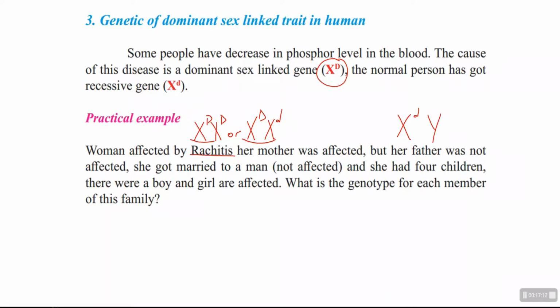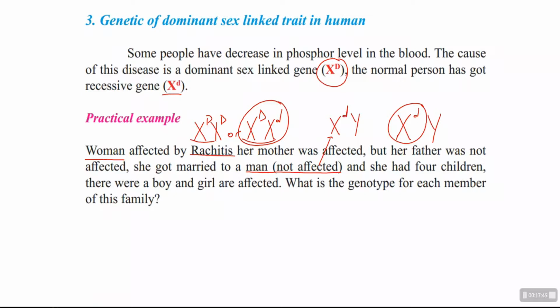And we saw the woman, the female, receives X chromosome from male. So woman needs to contain a recessive allele. So we choose the hybrid for woman. Married to a man who is not affected, the man has to be pure, because as I said, the normal person who is not affected by disease is X small d with Y chromosome.